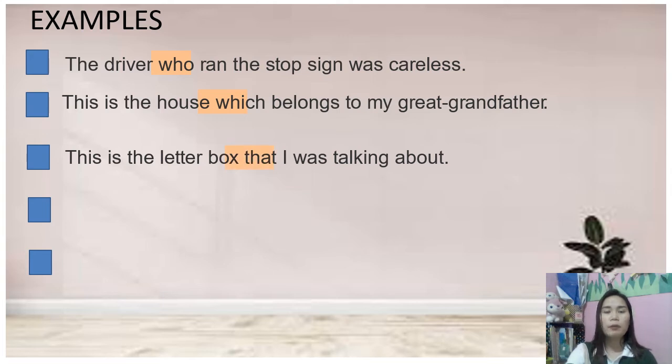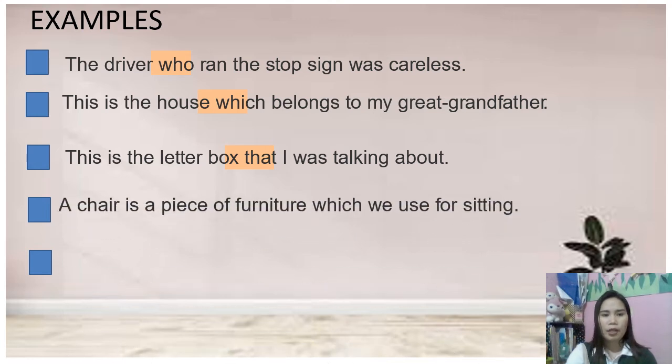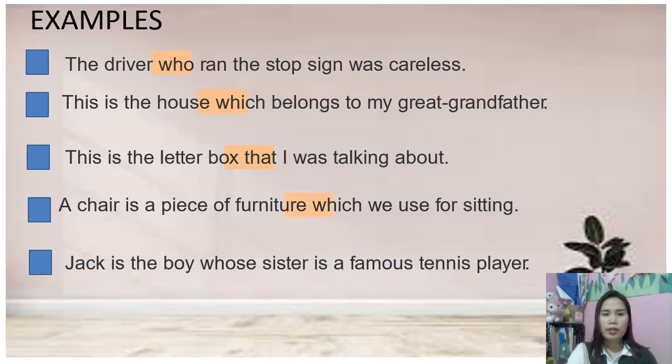Our relative pronoun is that, which refers to box. A chair is a piece of furniture which we use for sitting. Which. Next, we have Jack is the boy whose sister is a famous tennis player. So whose is a relative pronoun.